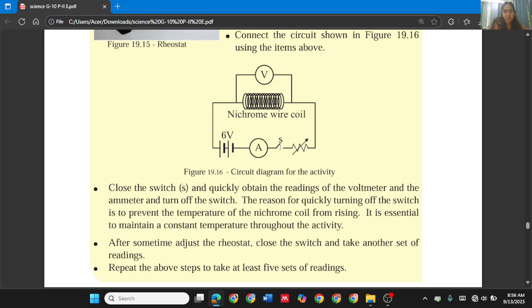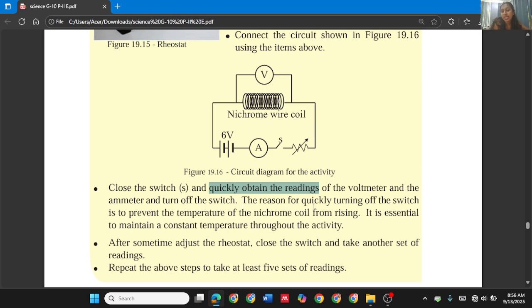First you have to quickly close the switch and quickly obtain the readings of the voltmeter and the ammeter, then turn off the switch.